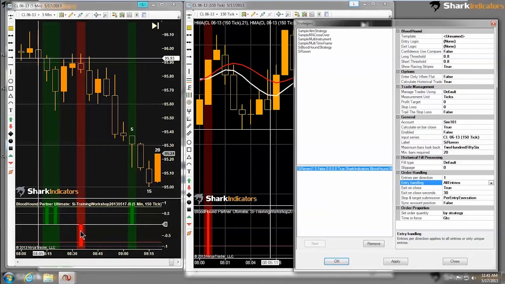However, when you do get to the short signal, Raven would reverse you. So it would close out your long position and it would put you short.